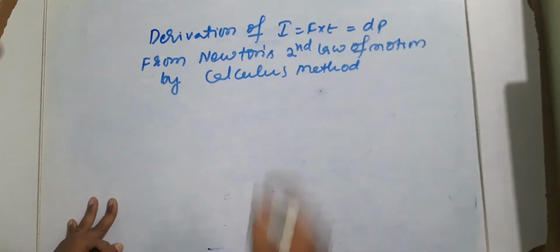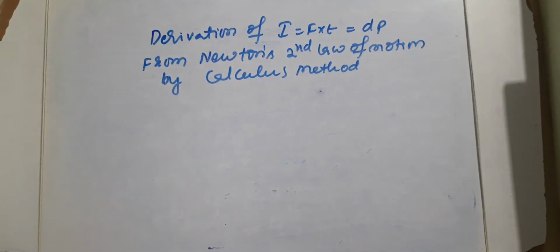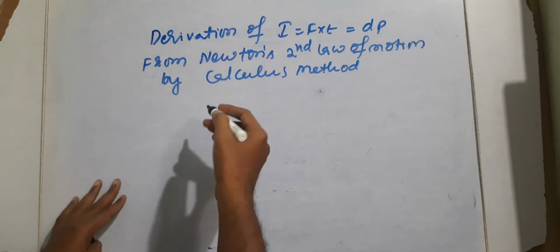So by calculus method, how can we show that F into t is equal to dp? The product of force and time is called impulse, which is also equal to the change in the linear momentum of the body, dp, which is nothing but P2 minus P1.